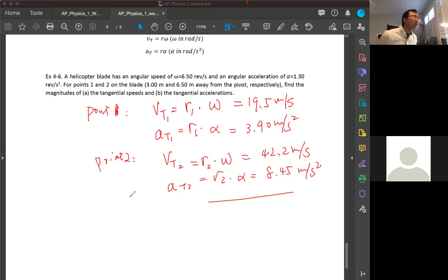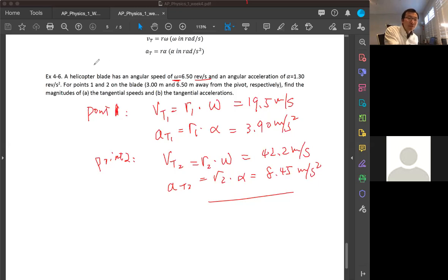During the break, I got one question. I think I need to mention the previous question. It is pretty easy, but if you're still confused, in the question the angular speed is given in revolutions per second, so you need to convert that.